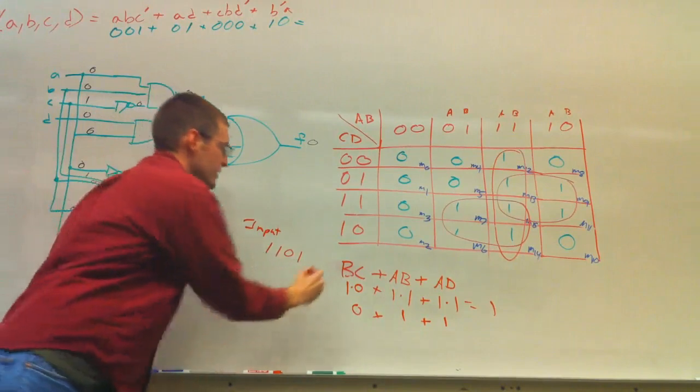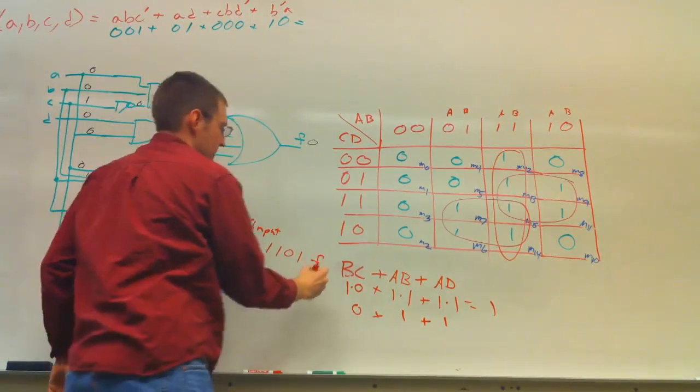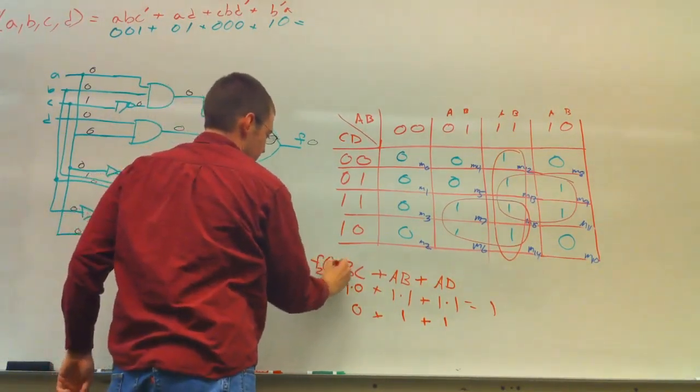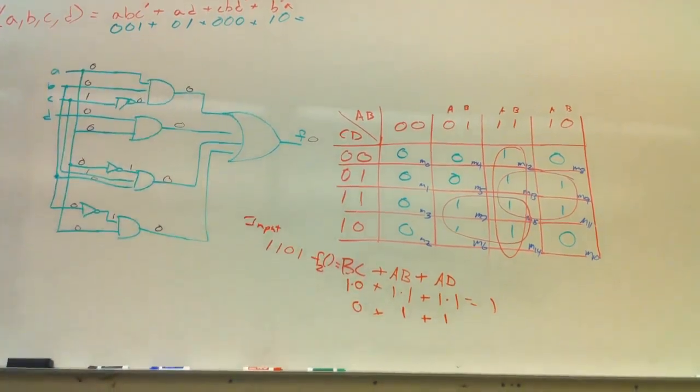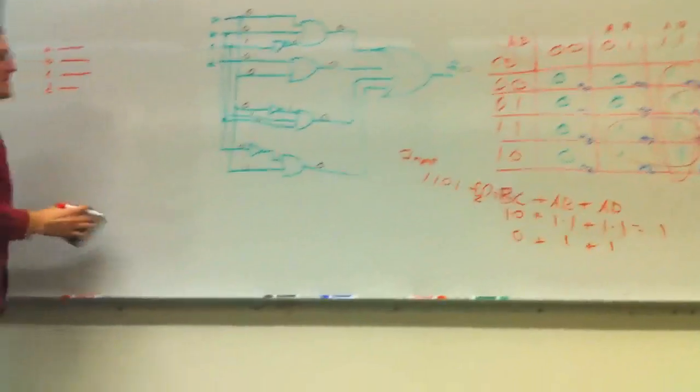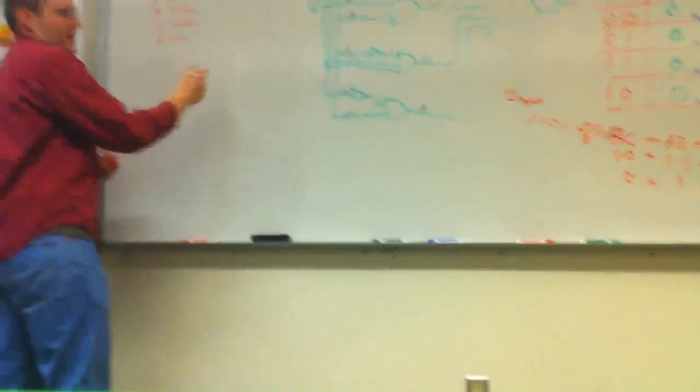I'm building this circuit. Oh, for the BC. So I'm going to do F function 2, F2. So basically, this is our new simplified circuit. I see. If you put the input through that circuit, it can know.